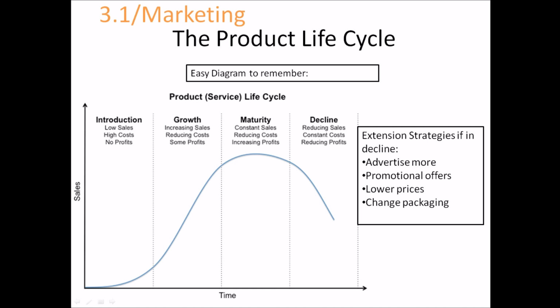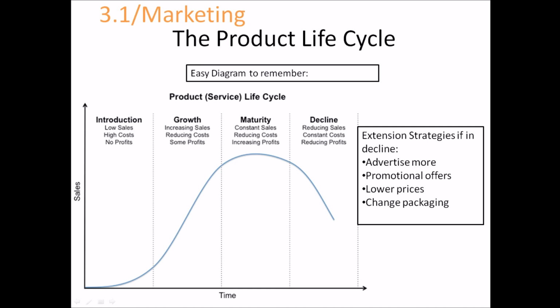Alright, let's have a look at the product life cycle. The product life cycle is pretty easy to remember. Just think of it as a human. We're born, we're then a baby, a child, a teenager, an adult, and then when we're about 60 we start to decline, right? A product's similar because it has the introduction stage, when it has low sales, high costs, no profits.